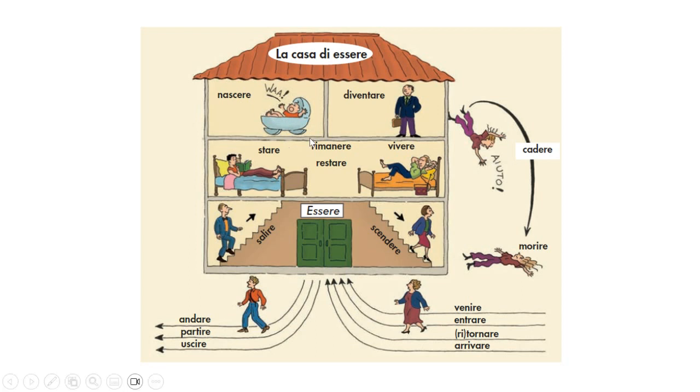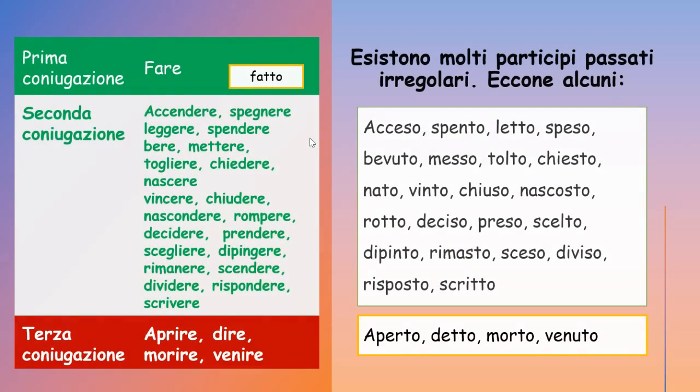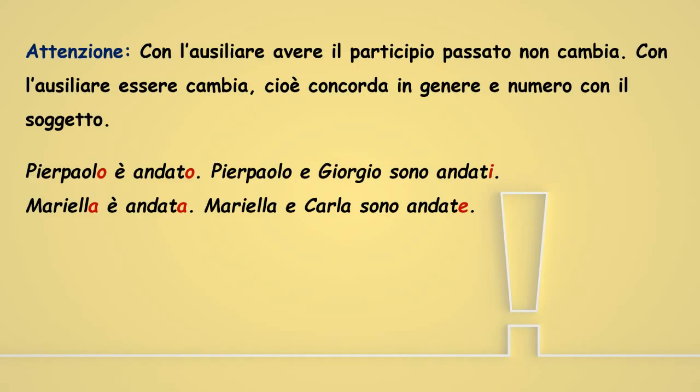In fact, it's an irregular verb. There are many irregular verbs. Here I put some of them. You can find out the meaning of these verbs and check which auxiliary verb I will put here. Essere o avere.